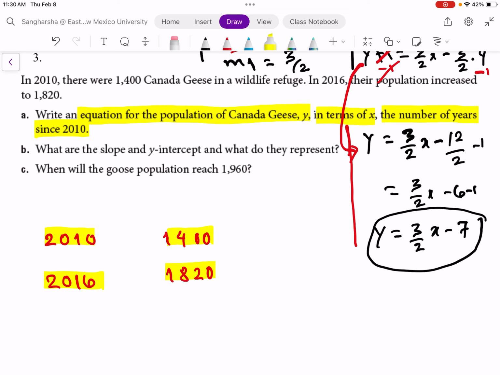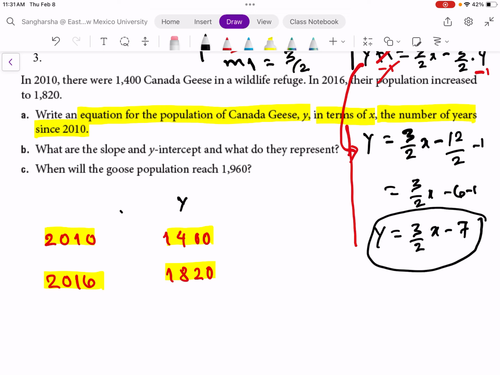So 1400 and 1820 are y. Now what about x? How have they defined x? x is the number of years since 2010.